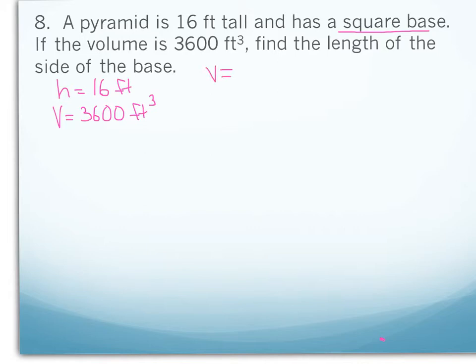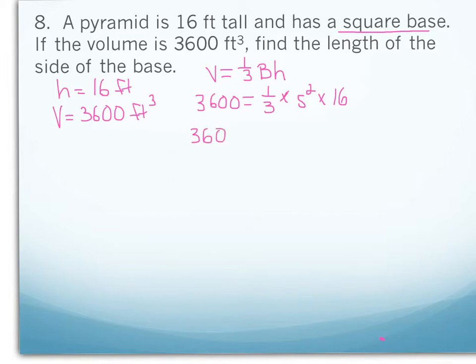Keeping in mind, volume for a pyramid is 1/3 times area of the base times the height. So 3,600 equals 1/3. Now, area of the base would be length times width. Since it's a square, it would be side times side, or side squared, times our height, which is 16.